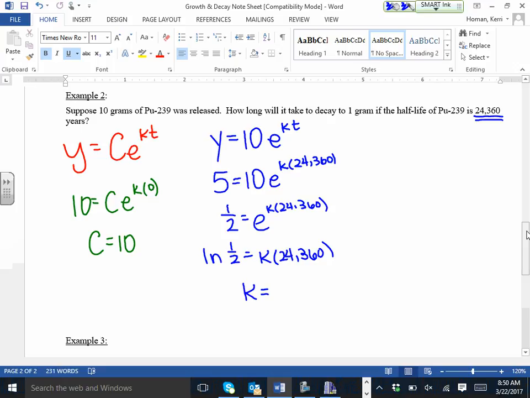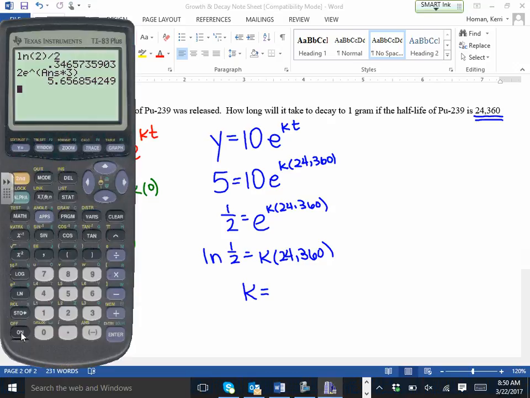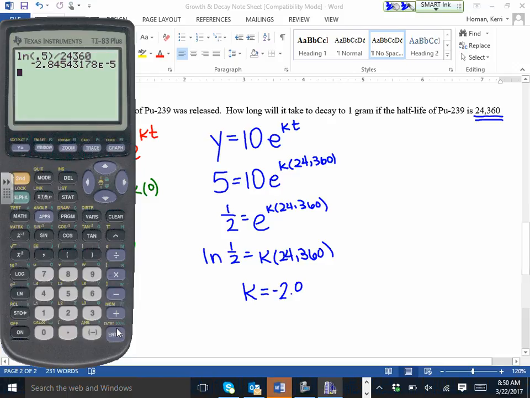Negative numbers. You get negative 2.845 times 10 to the negative fifth.